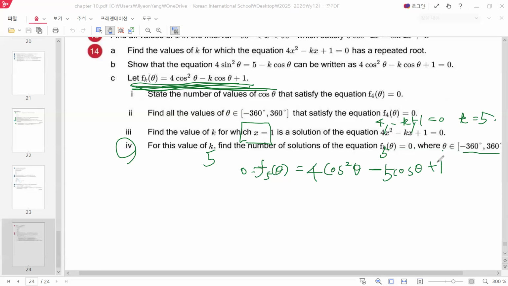And then 4t square minus 5t plus 1 equals 0. We already knew one solution of this, because one solution of this, what is x? 1. 1 should be one solution of this one.